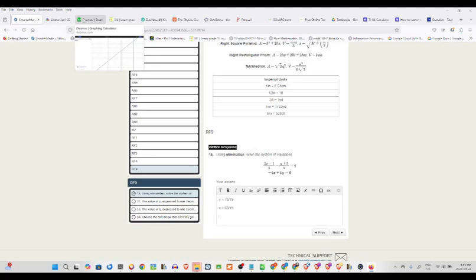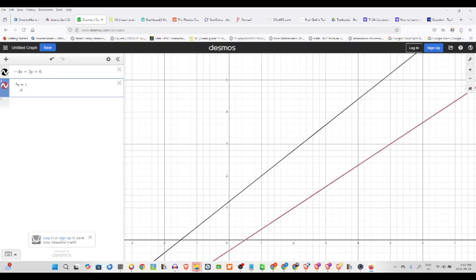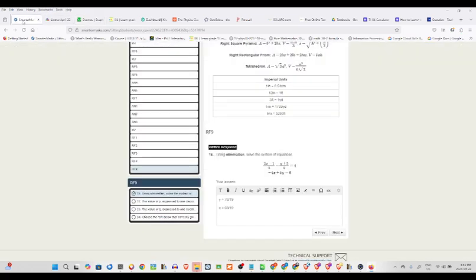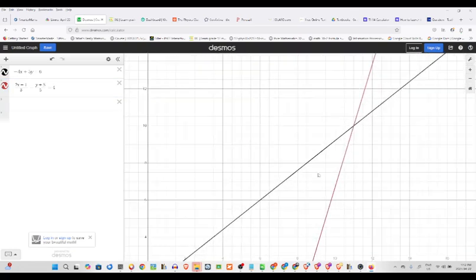And then 2x minus 1 over 3 minus y plus 5 over 5. And this is supposed to equal 4. And they meet. Okay, 11 and 10. So I do have a mistake somewhere.